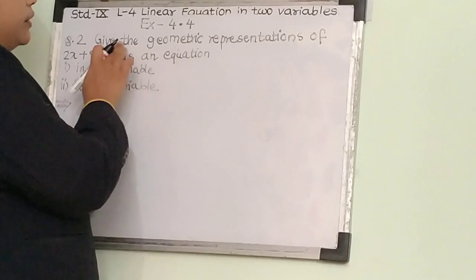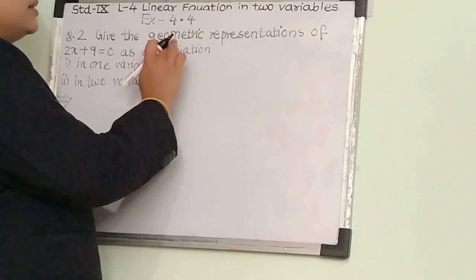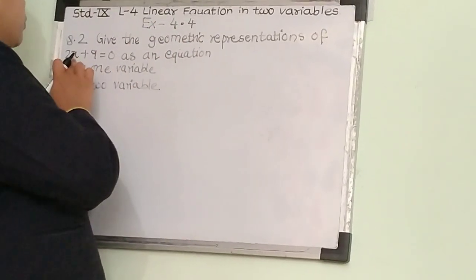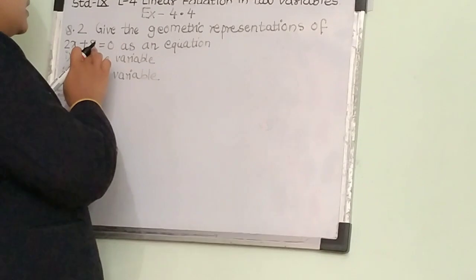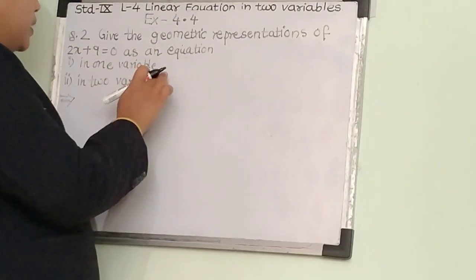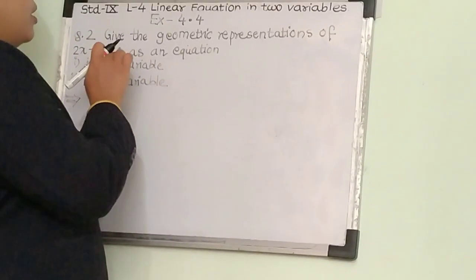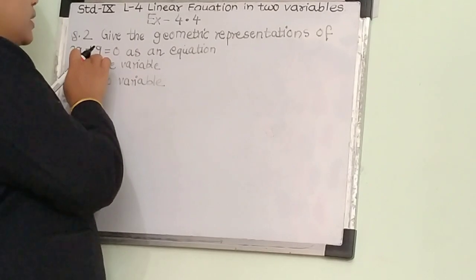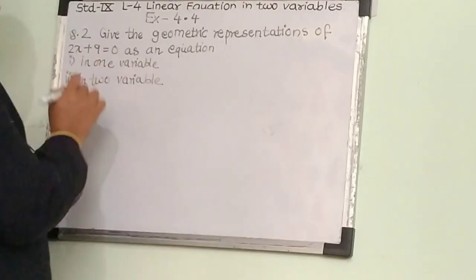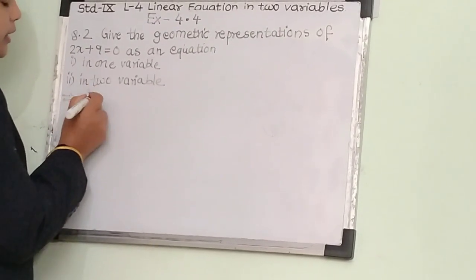Second question, give the geometric representation, which is nothing but the graphical representation, of the equation 2x plus 9 equals 0 as an equation in one variable and in two variables. So we have to draw the graph of this equation in one variable and two variables. So first I will consider that in one variable.